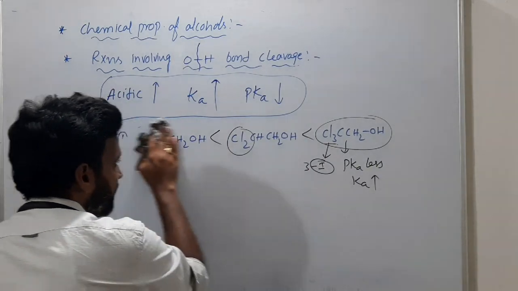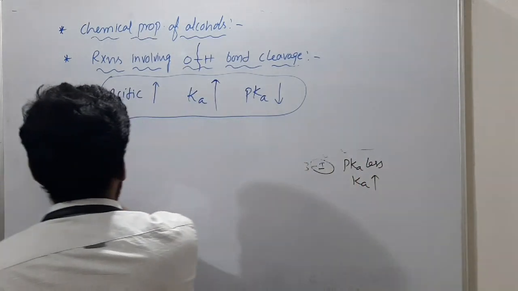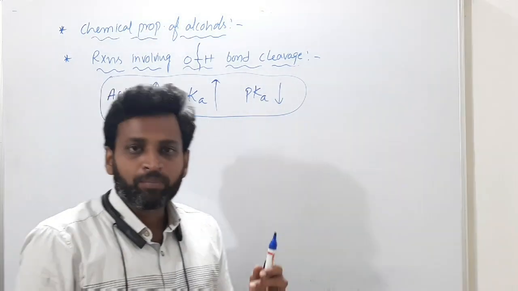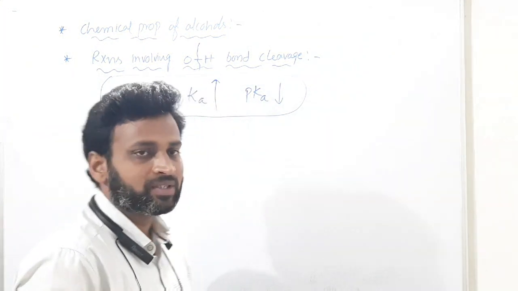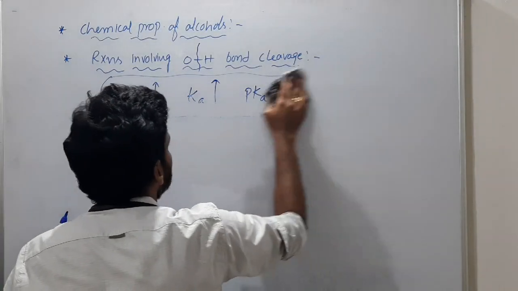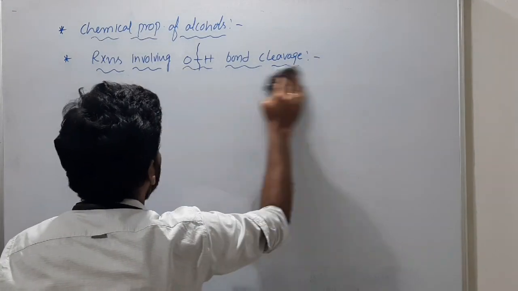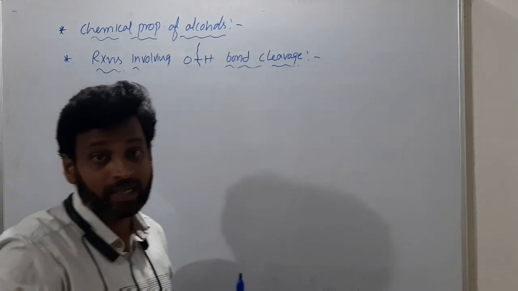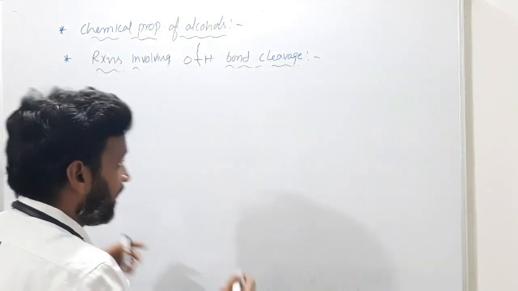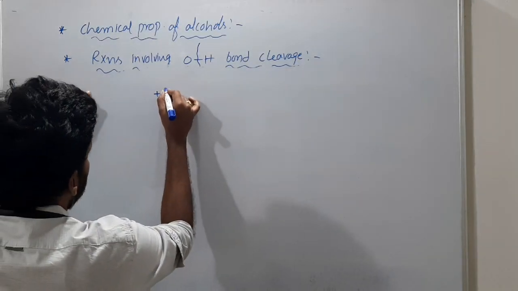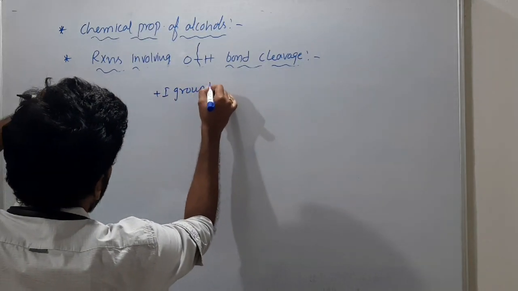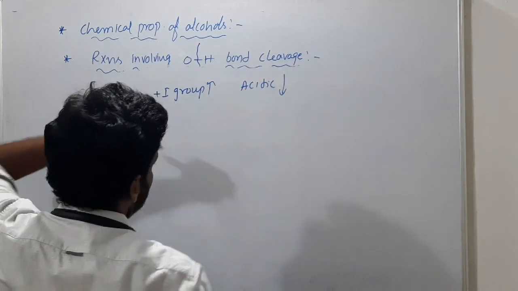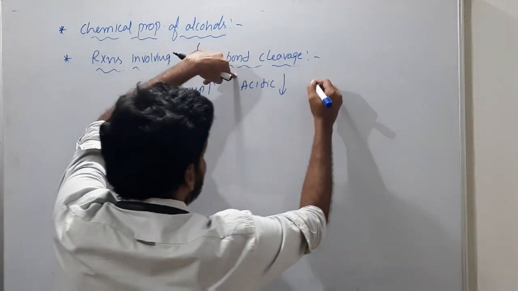So do you remember the minus I groups? If you forgot, please revise. Just before starting organic chemistry, I gave who are the minus I groups and who are the plus I groups. So please remember about the pKa value and Ka values also. As I said, as plus I groups increase, acidic character decreases. Acidic character decreases means what?